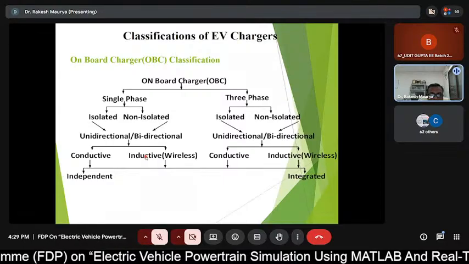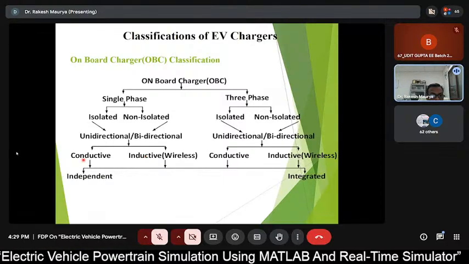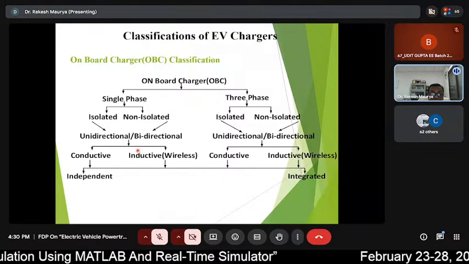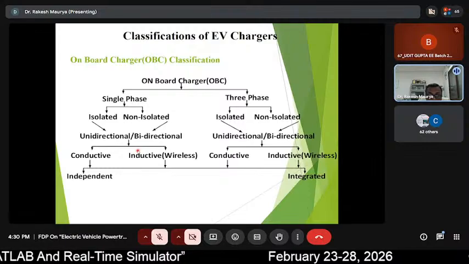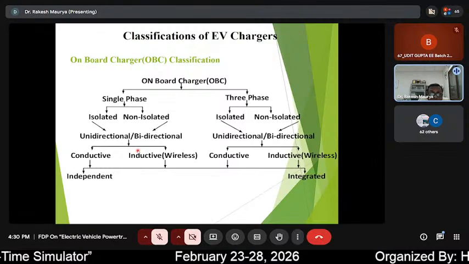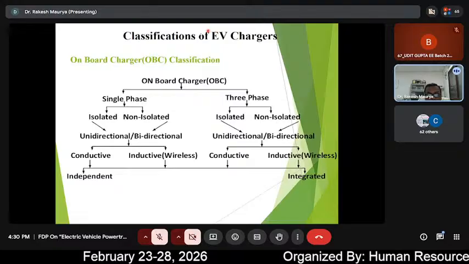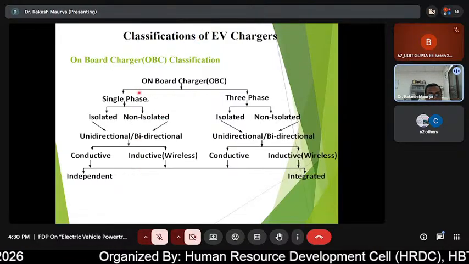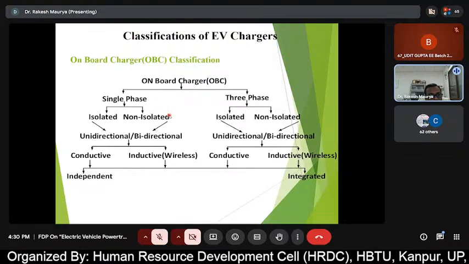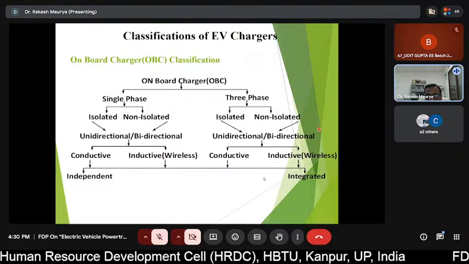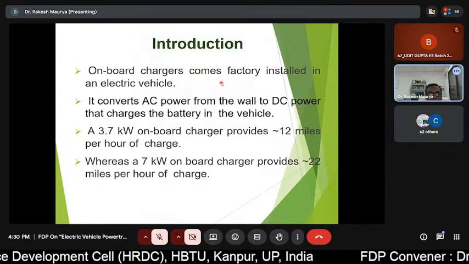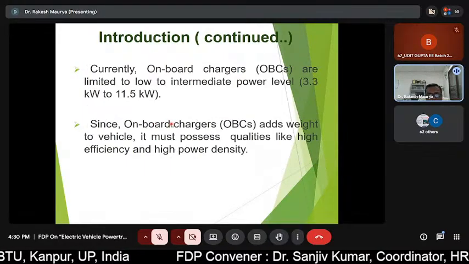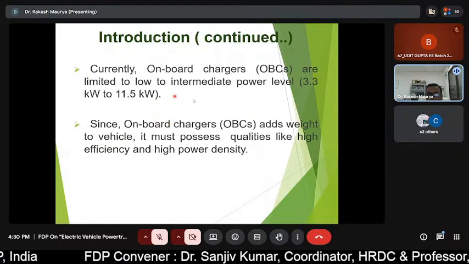Sometimes we require wired charging, which is called conductive. With inductive charging, you have a wireless flow of power to charge your battery. This is also available. So there is a variety of technology depending upon the application and the power level.